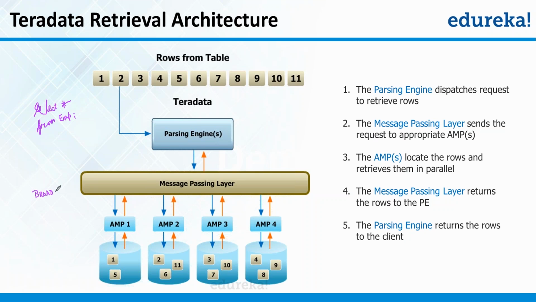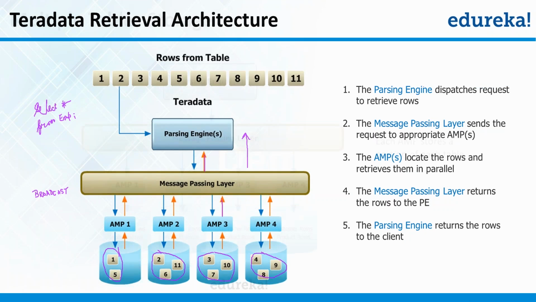So I go out to all the AMPs and say, hey, give me back the data that you're responsible for. So this one gives me 1 and 5. This one gives me all these three, all these three, and all these three. So these are finally over the BYNET, they are merged, and I send that out to the user over here. Okay, so that's how your select is working.